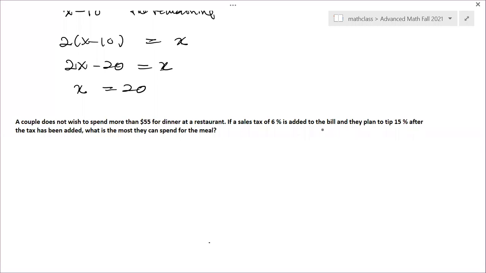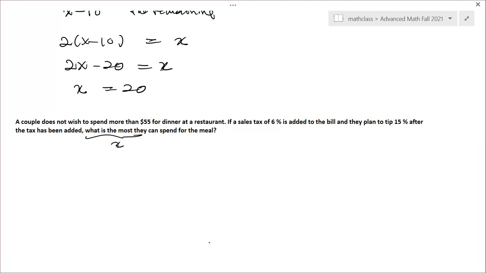Now, what does it mean? This means the amount of money in dollars on the menu. For example, that dish costs $20, that soup costs $5, then $25 is what they can spend, because you have to worry about how much you have to add, tax and tips, right?